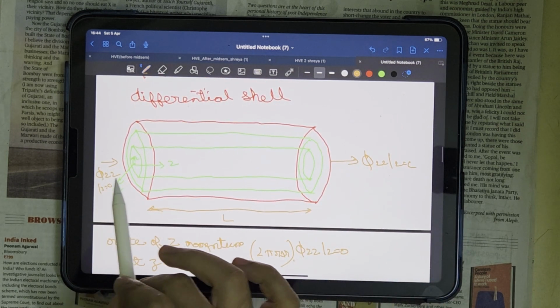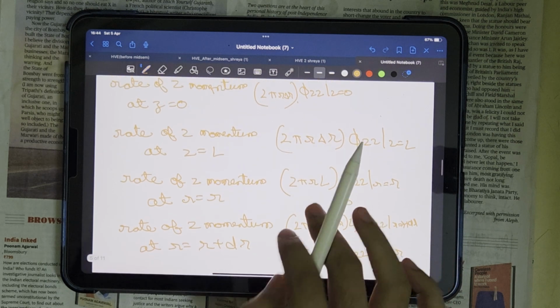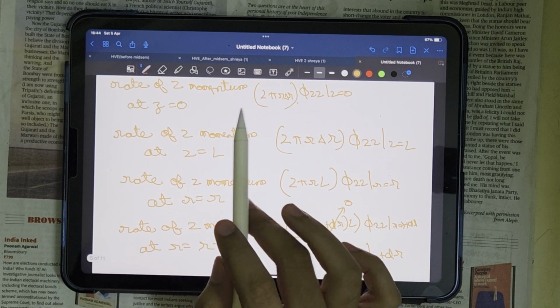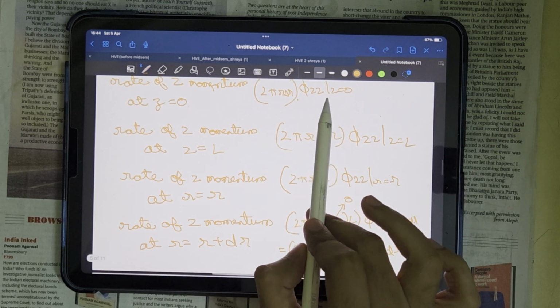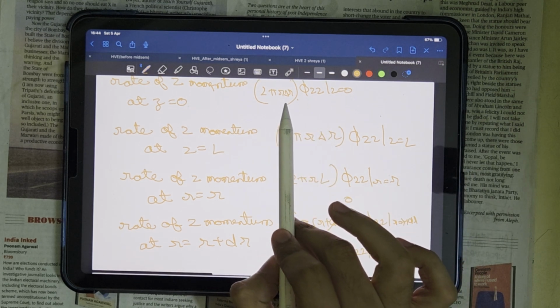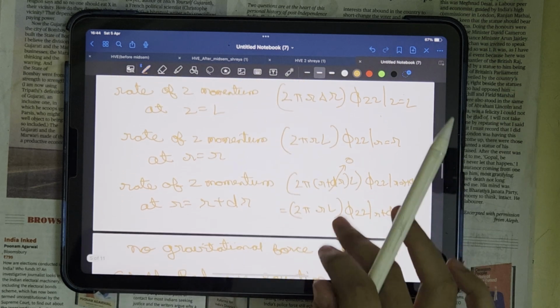Then we wrote rate of z momentum in both z direction and r direction, and we multiplied the flux with the perpendicular cross sectional area to that specific flux, to get rate. And then we had no gravitational force as the tube was horizontal.